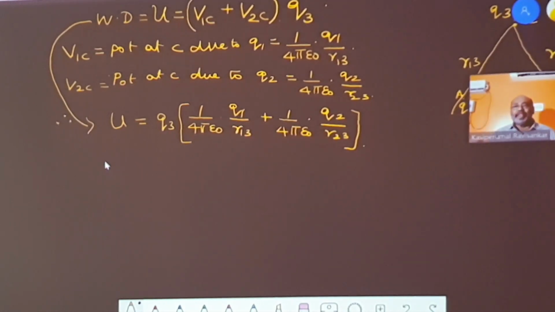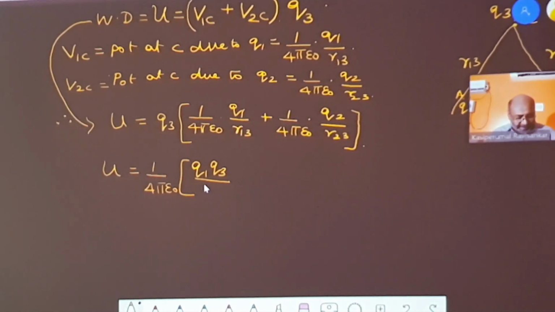Taking the constant 1 by 4 pi epsilon 0 as common, and Q3 into the bracket, I can write Q1 into Q3 divided by R13 plus Q2 into Q3 divided by R23.